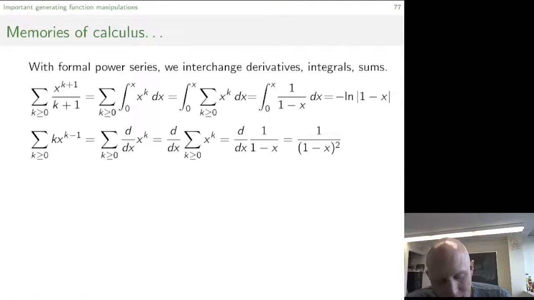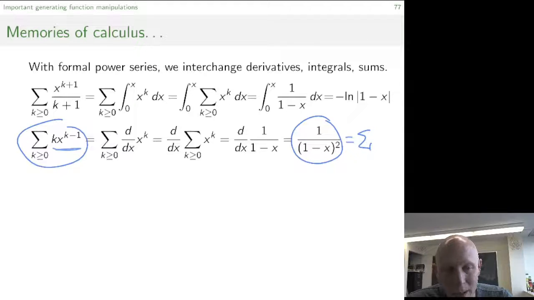All right, and so you'll notice this looks a lot like our sum that we had for the fruit baskets. This is just another way to get this same formula, that the coefficient of x to the k is k plus 1.